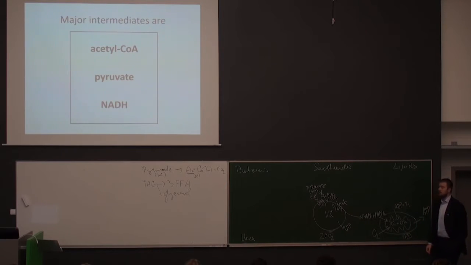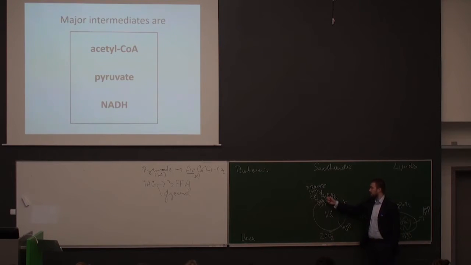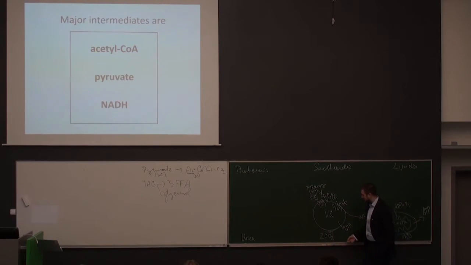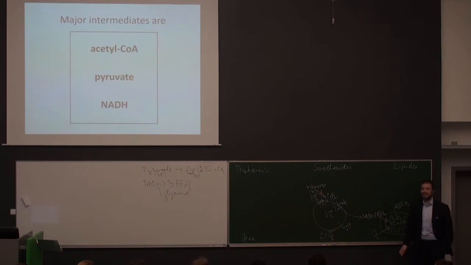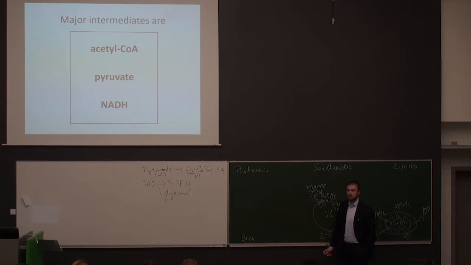So the pyruvate dehydrogenase reaction, abbreviated as PDH, is when pyruvate is converted to acetyl coenzyme A. This reaction is, under the conditions of our body, almost fully irreversible. That means that you can convert pyruvate to acetyl coenzyme A, but the opposite reaction is very difficult to proceed in our body.